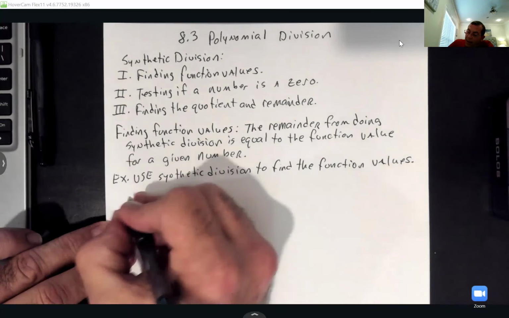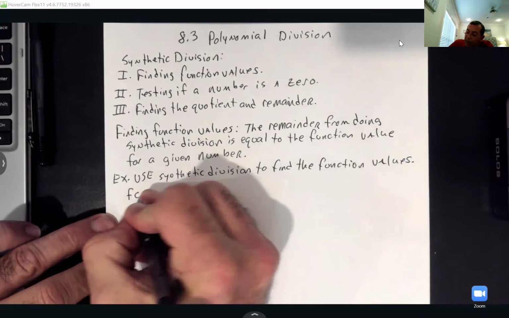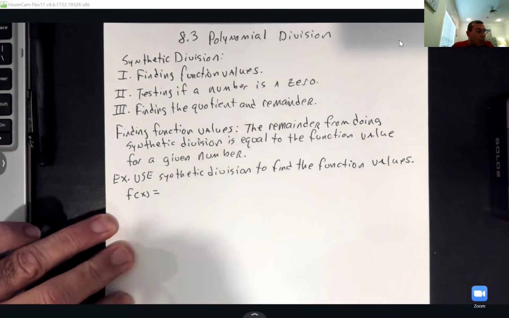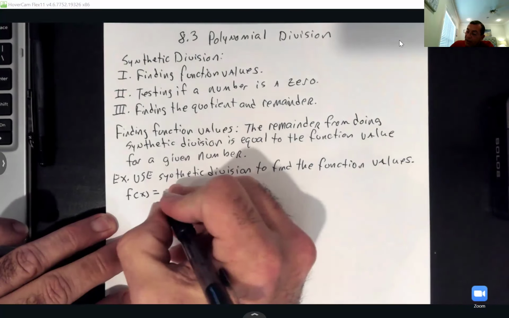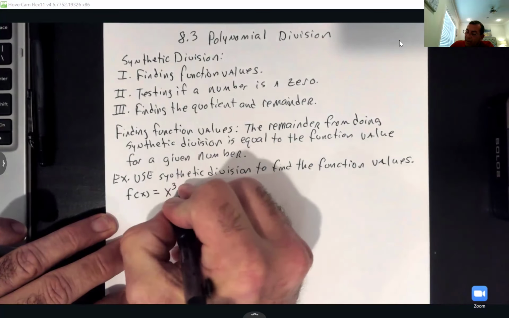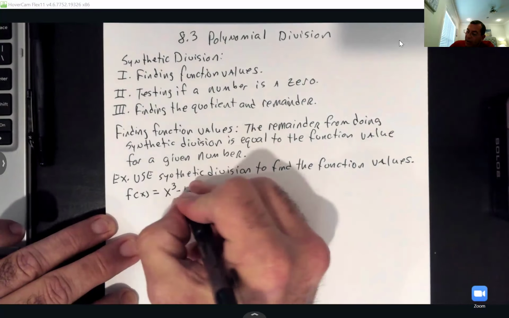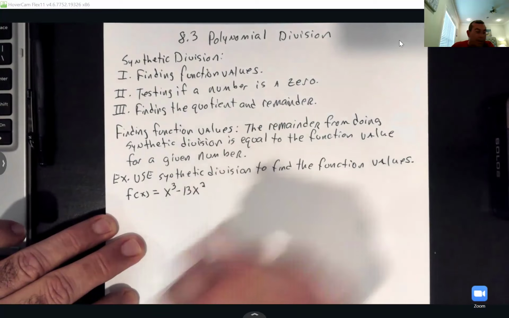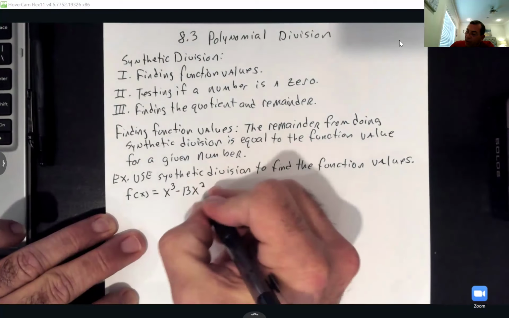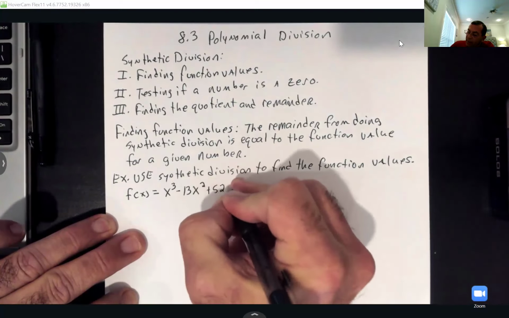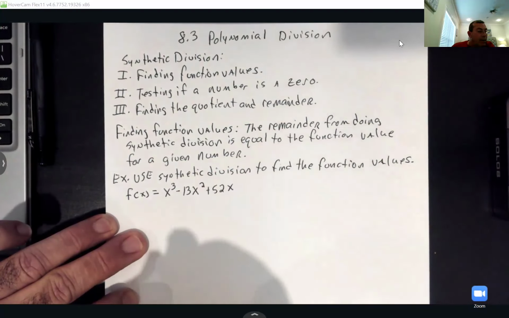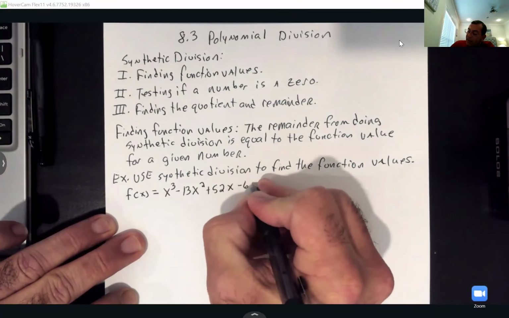Now, the polynomial, they're giving me f of x equals x to the third minus 13x squared plus 52x minus 60.